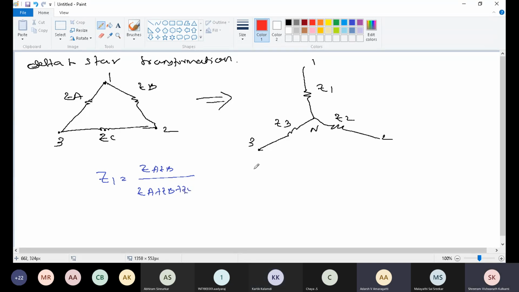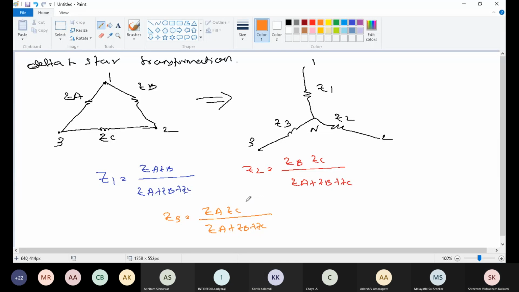Okay, tell me Z2. Z2 equals ZB ZC divided by ZA plus ZB plus ZC. Okay, now finally Z3 equals ZC ZA divided by ZA plus ZB plus ZC. Okay, these formulas are known to you, right? Correct?